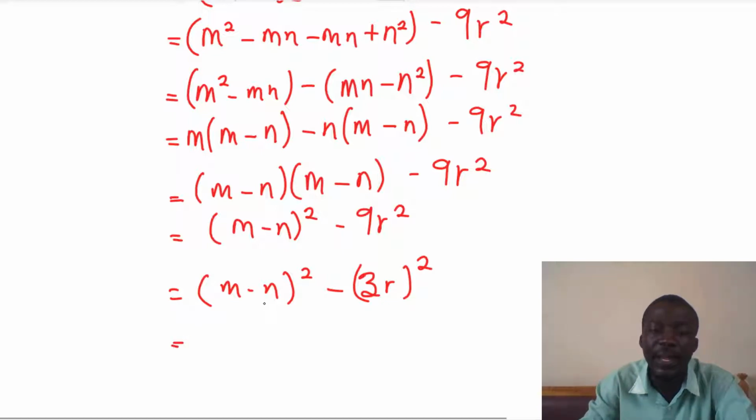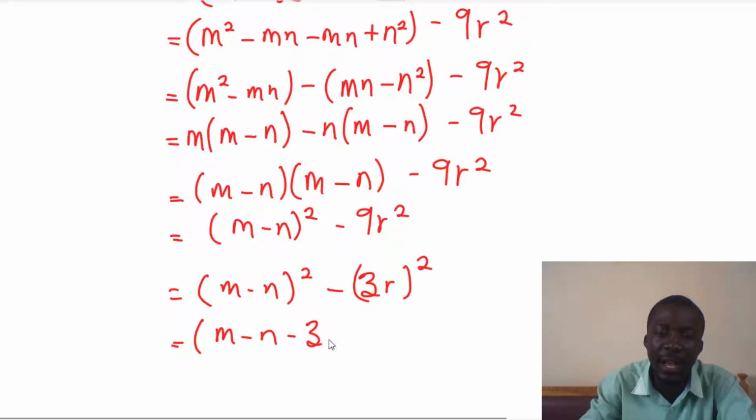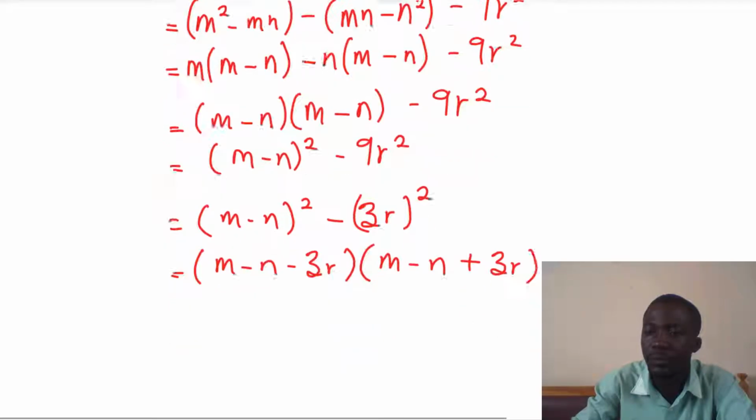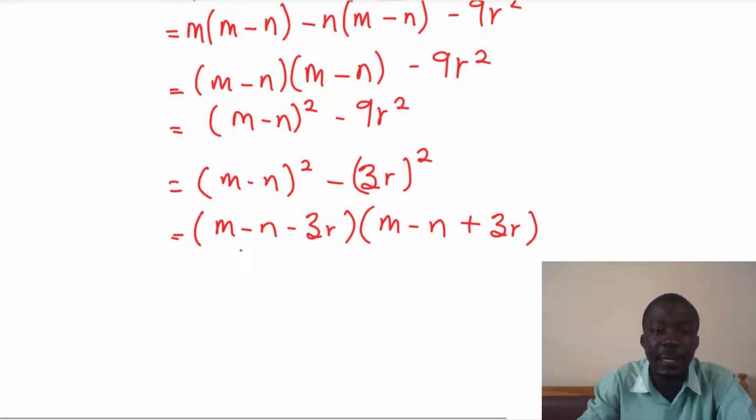Then we can apply our difference of two squares factorization here, which will give us m minus n in the first one minus 3r, then our second bracket m minus n plus 3r. And when you look at this, m minus n minus 3r multiplying m minus n plus 3r will be our final answer to the question.